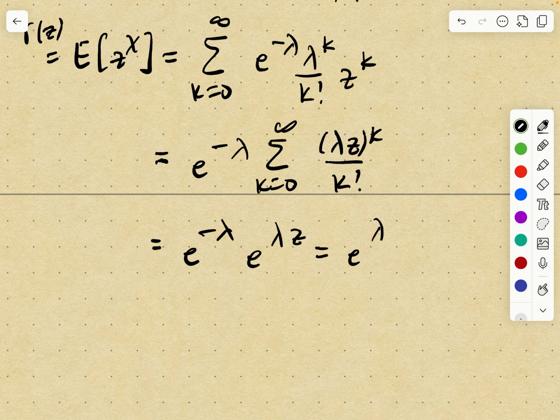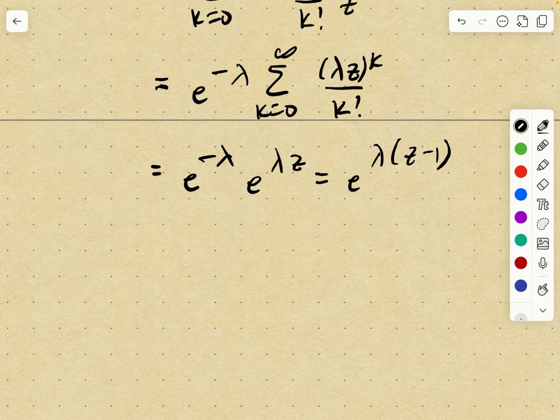So this is e to the lambda times z minus 1. So that's the generating function of the Poisson distribution. And if you set z equal to e to the t, then you get what we got before for the moment generating function of the Poisson distribution.